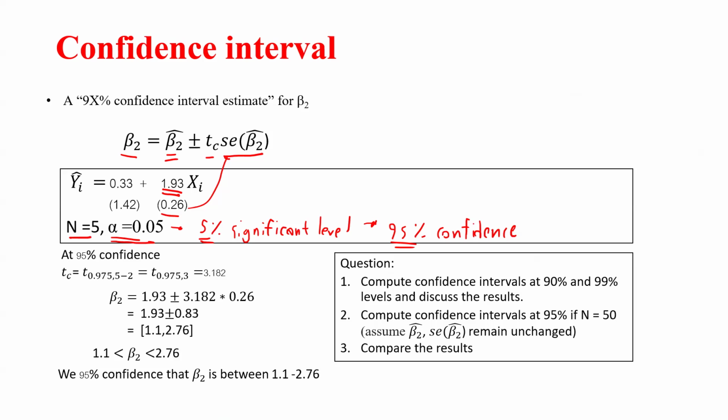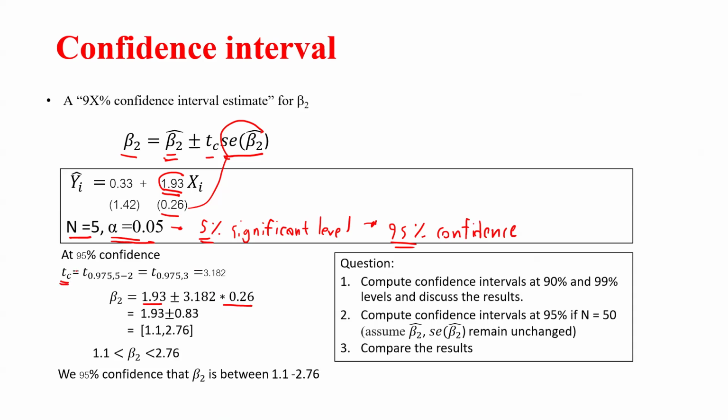So first, they would like to make a 95% confidence interval. So we know beta 2 already here, 1.93. We know the standard error already here, 0.26. So we would like to know t.